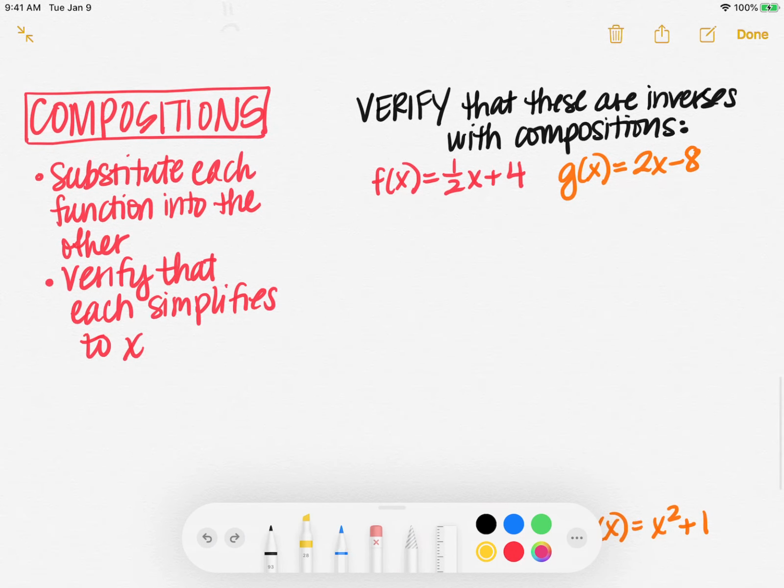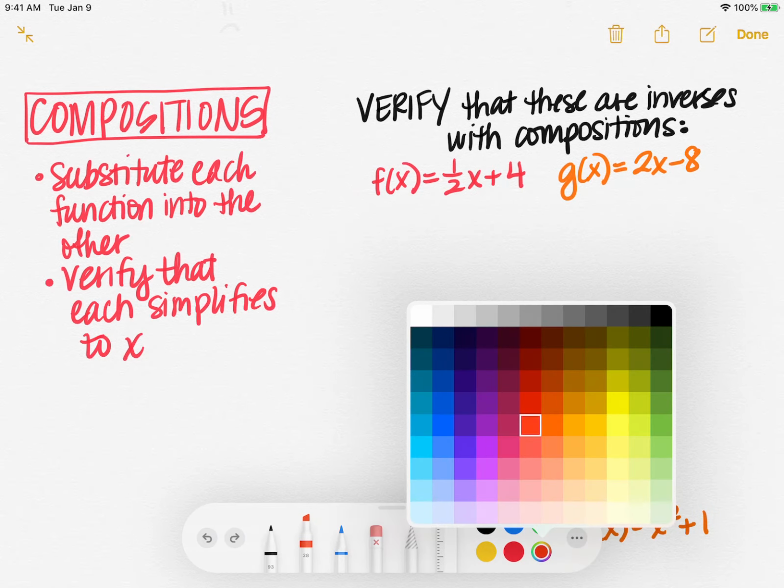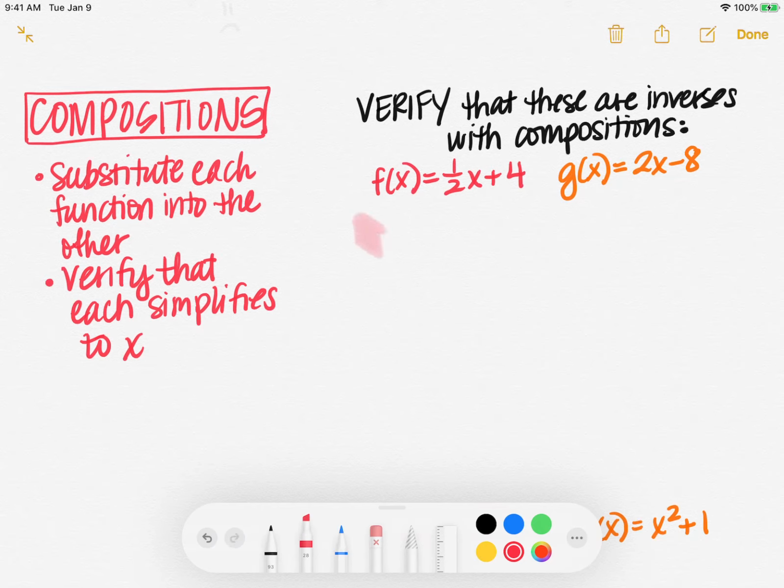Okay, compositions. The whole idea is this is another chance to verify. We can substitute each function into the other function and verify that it simplifies to x. So I'm going to start off by taking that first one, f of x, but instead of plugging in x, I'm going to plug g of x in the middle of it.